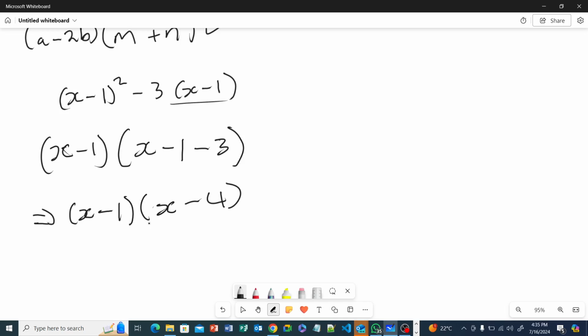Now this is the final answer. Now let us move to the next set of questions. We can also assume that it is possible for you to find terms that are not the same because of a sign. So let's say you have x into (x minus 3), minus y into (3 minus x).